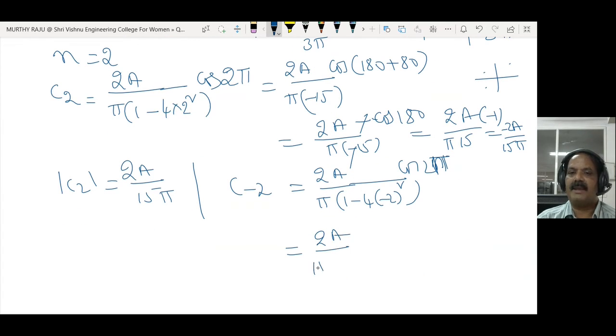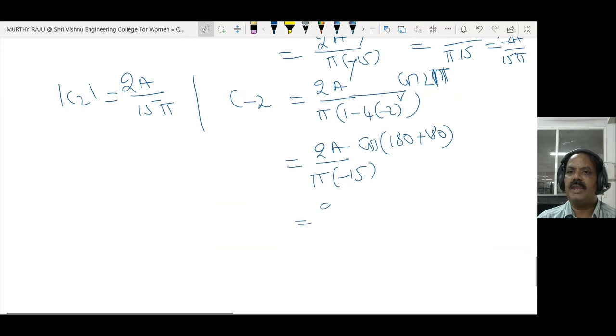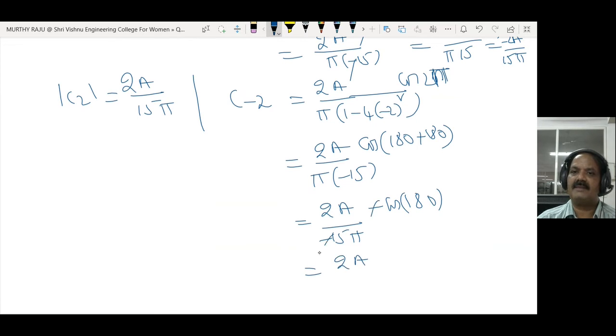2a by pi into minus 15 cos 180 plus 180. That is equal to 2a by minus 15 pi. Cos of 180 is minus cos 180. That is equal to 2a by minus 15.